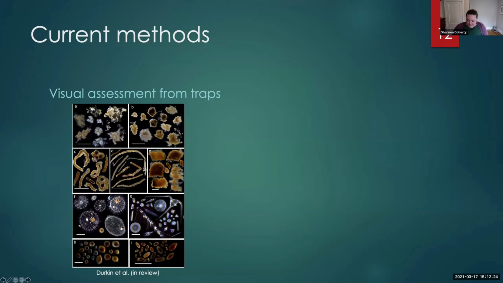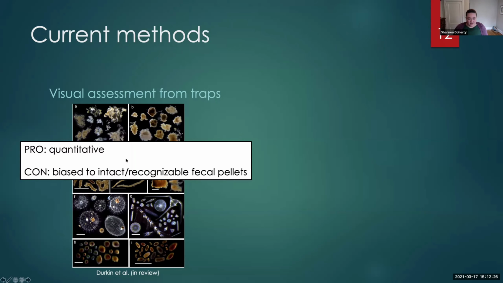And the pro of this method is it's quantitative. You get a number out of this, but it's biased to intact and recognizable fecal pellets. So a human or a computer that's trained by a human has to be able to recognize these fecal pellets in the first place. So if they're no longer morphologically distinct because they've been chewed up or broken up, then we won't be able to recognize them with this method.